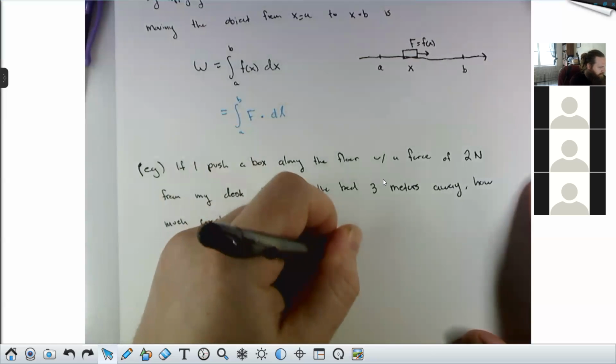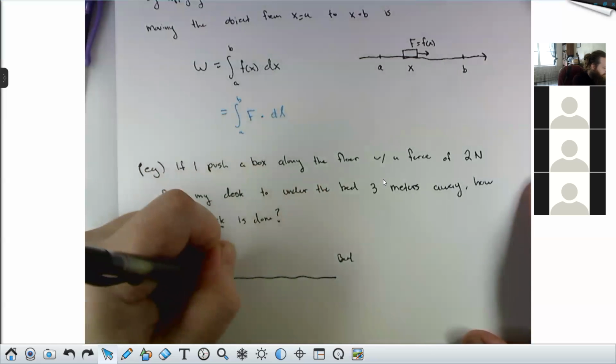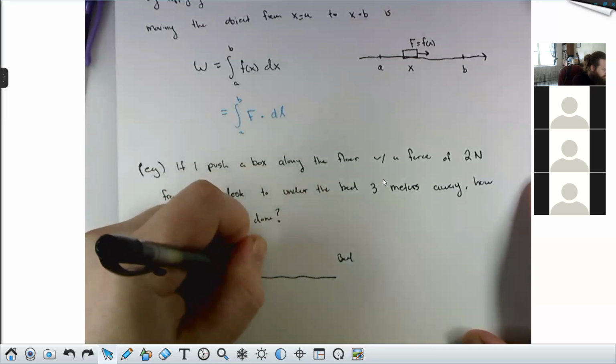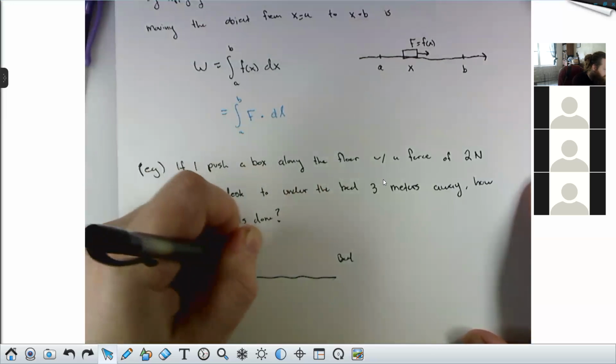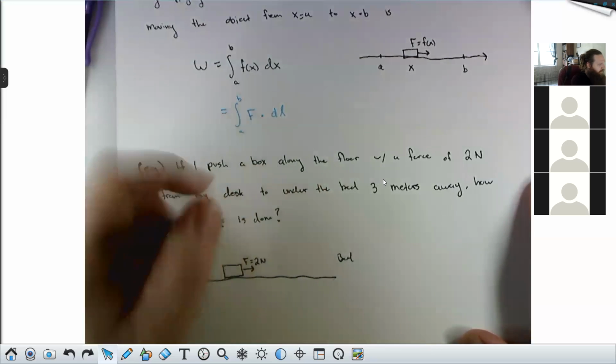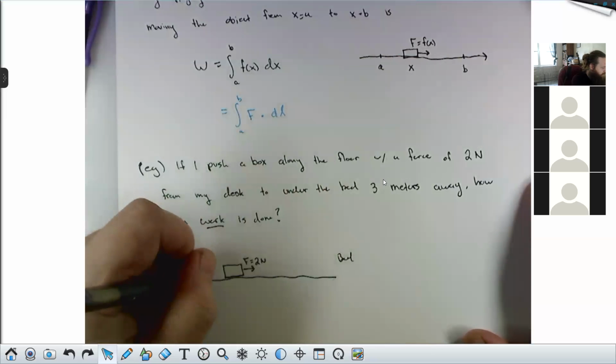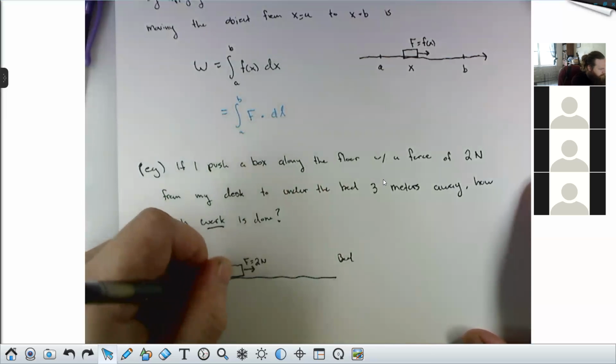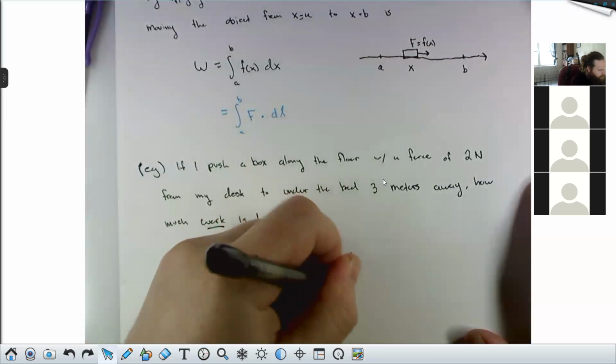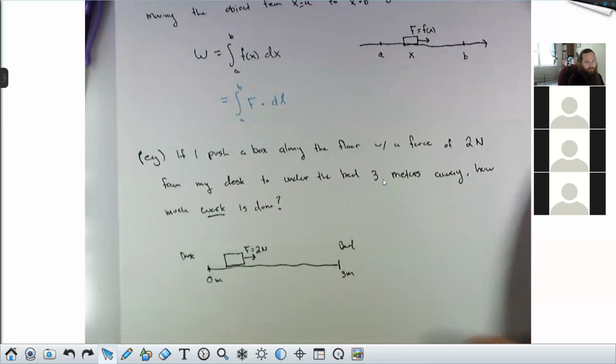Over here's the bed. Here's my box. And I'm pushing on this thing with a force of 2 newtons. I'll say the desk is at 0 meters and the bed is at 3 meters. One of the challenges with physics problems is that you have to come up with your coordinate system. It's not given to you.